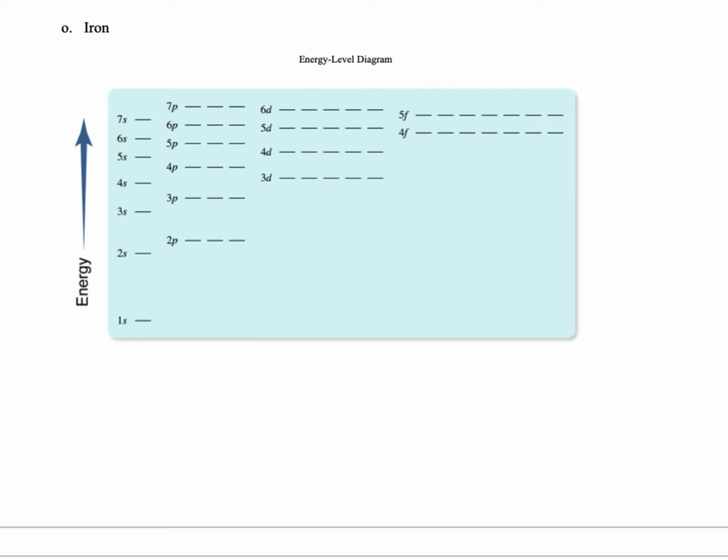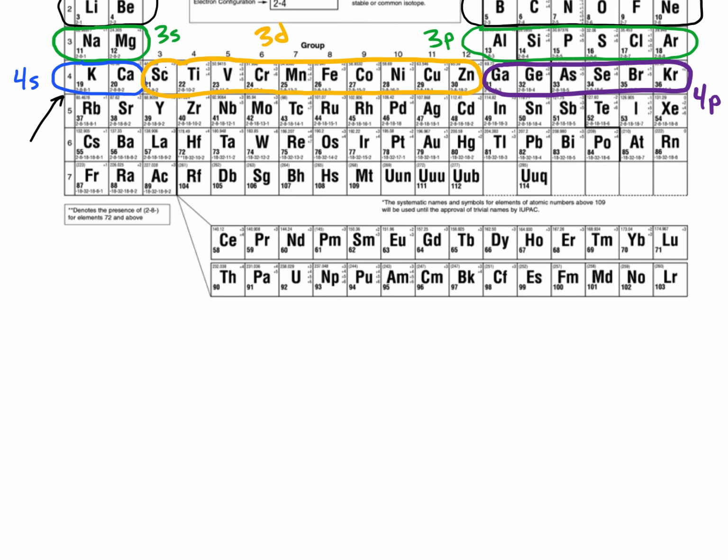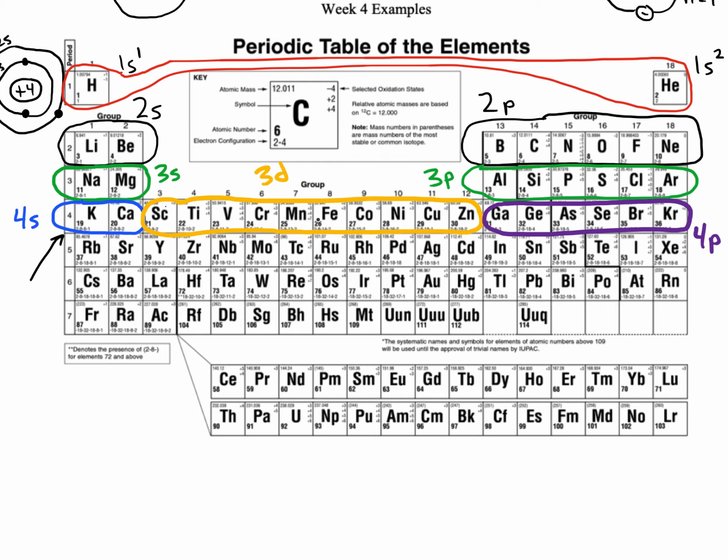Here we have iron, and according to the periodic table, iron is the 6th element in the 3d section.